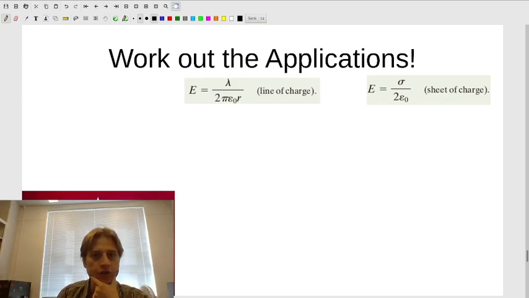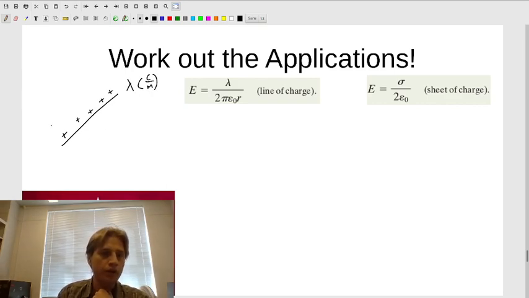So for this first example, we've got a line of charge, and this is an infinitely long line of charge, so it doesn't make sense to talk about the total charge on it, which would be infinite. Let's talk about this lambda, which is the charge per meter.